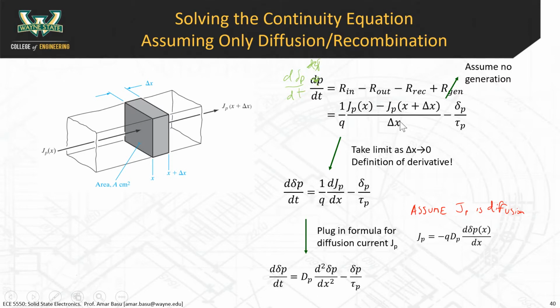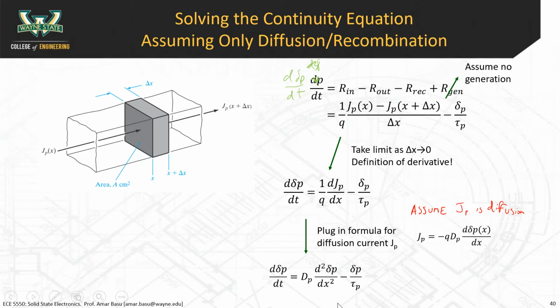Okay, we first came up with this equation here, dJp dx, but we found, remember, that Jp itself is a derivative of carrier concentration. So this equation then becomes a second derivative of carrier concentration, d squared sigma p over dx squared. And then this term just came down as usual.